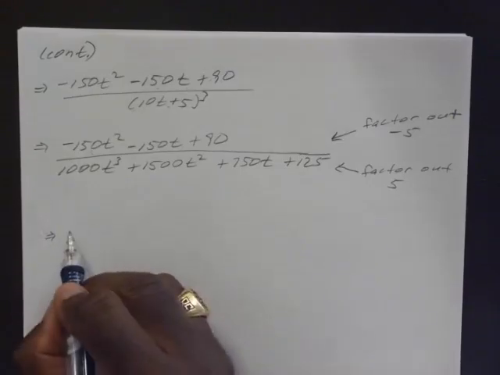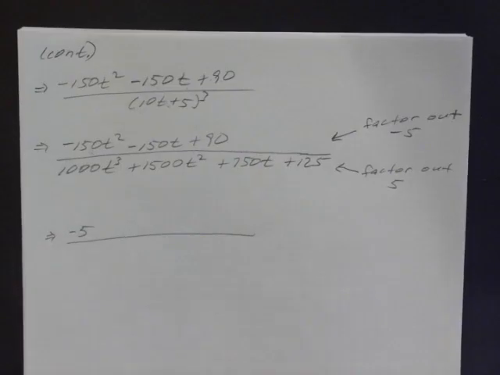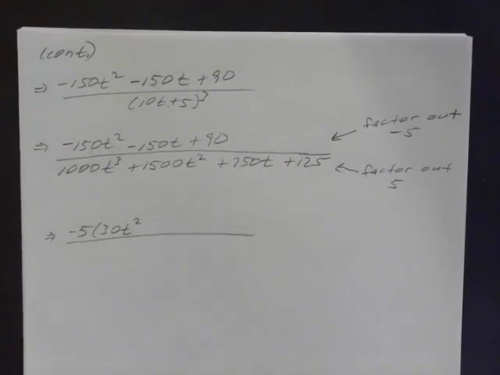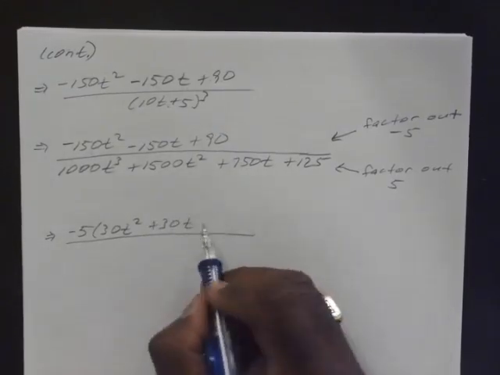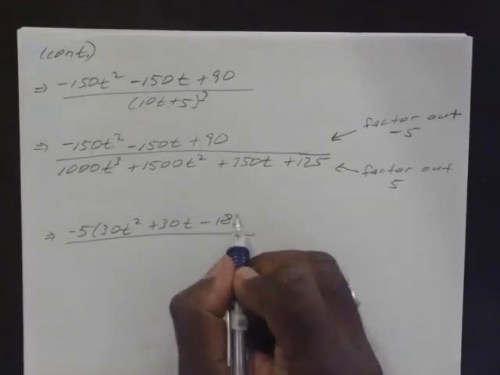Okay, so if we factor a negative 5 from our numerator, that will leave us with 30t squared plus 30t minus 18.